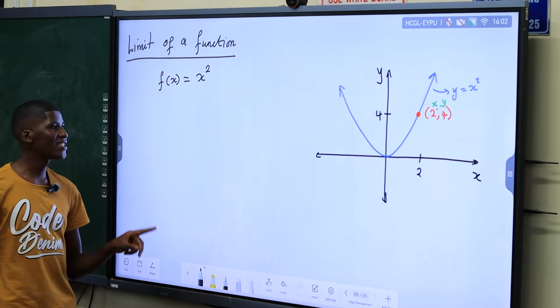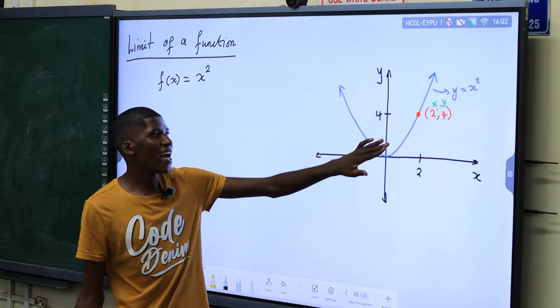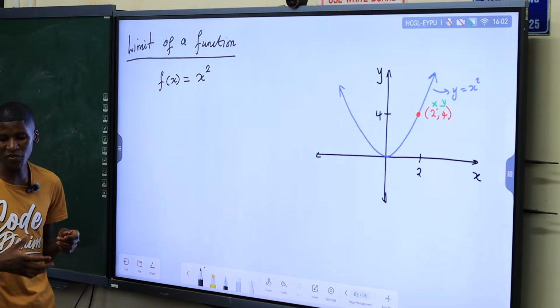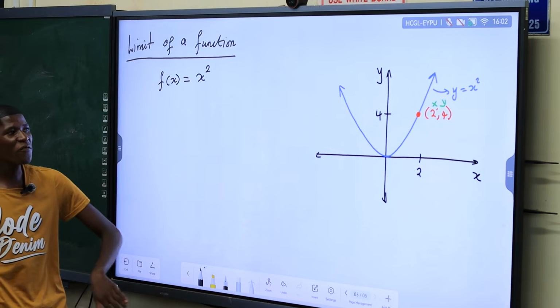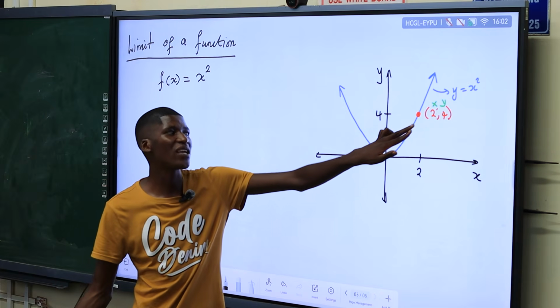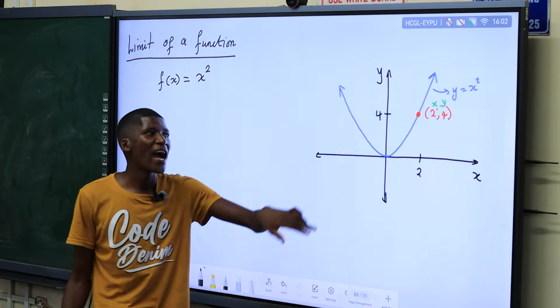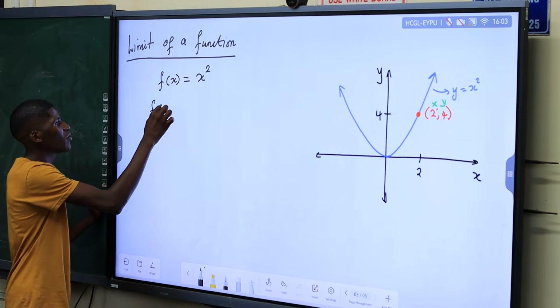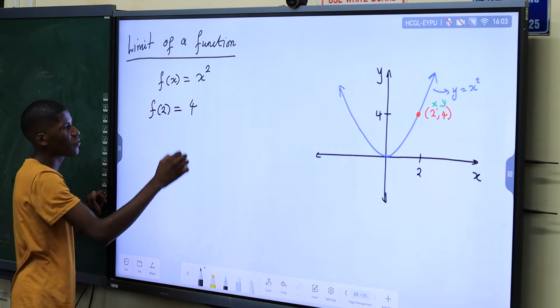Let's look here and interpret using function terms, the terms that we use for functions. If I want to explain what the 4 is, I'm going to say f at 2 is equal to 4.